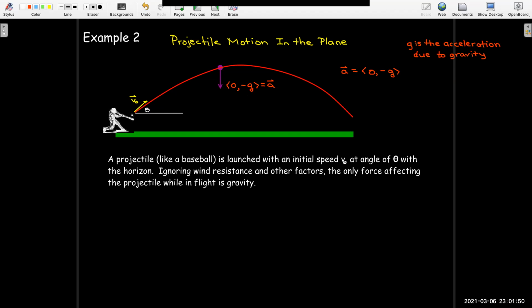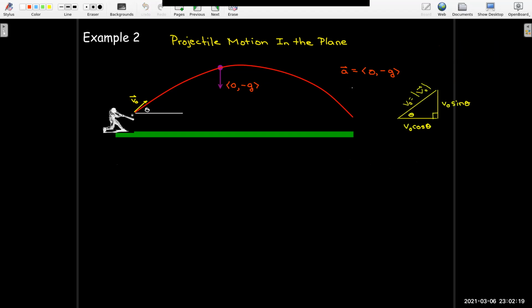And in the vertical direction, the only acceleration is due to gravity, and that's what the g stands for, the acceleration due to gravity. So our goal in this example is to find a formula for the position function of the projectile in flight.